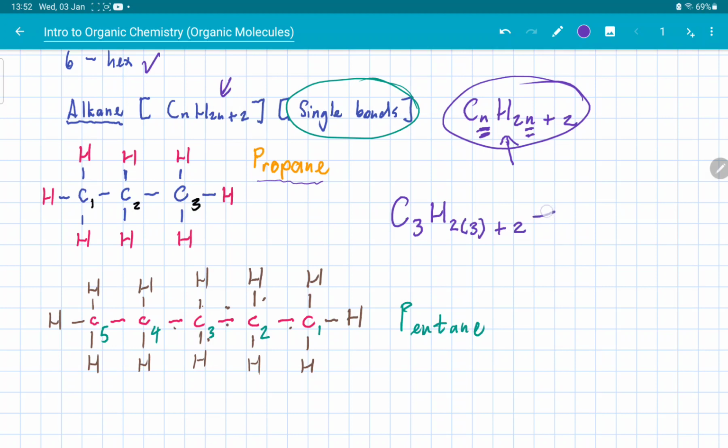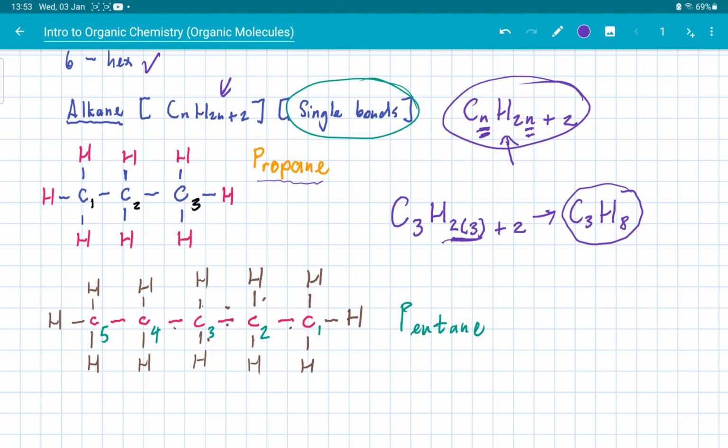So basically, in the molecular formula, we have C3H, notice 2 times 3 is 6, 6 plus 2 being 8. So this ends up being the molecular formula of propane, C3H8.